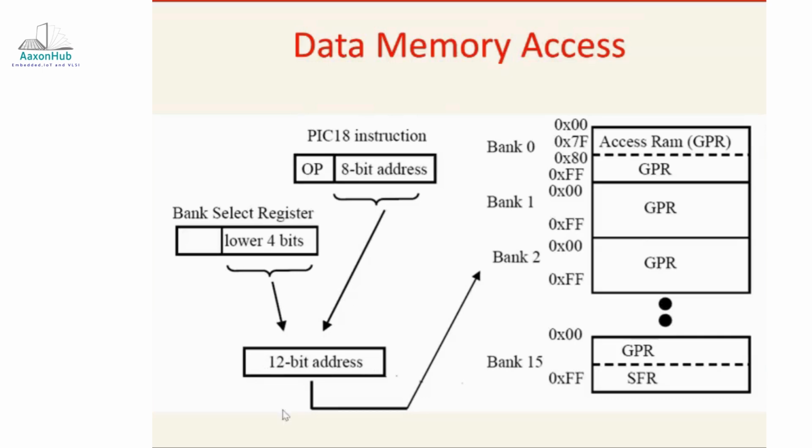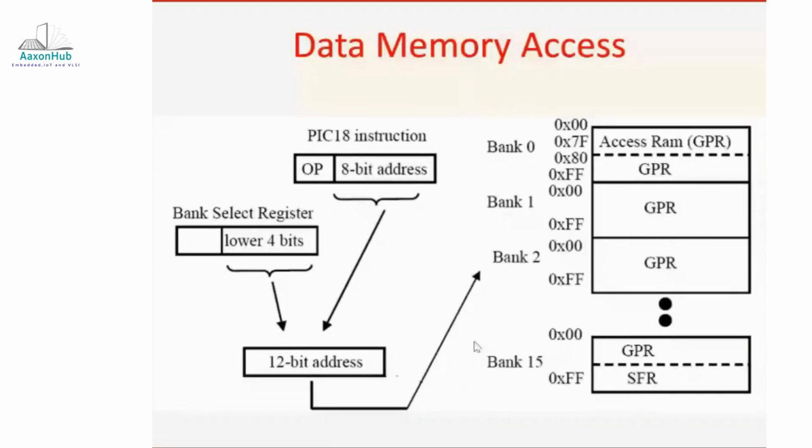This 12-bit address is the respective bank address. So to access any location, you read the lower 4 bits of your BSR along with the 8-bit address from the instruction, and in that manner you have access to that bank location as per the 12-bit size.